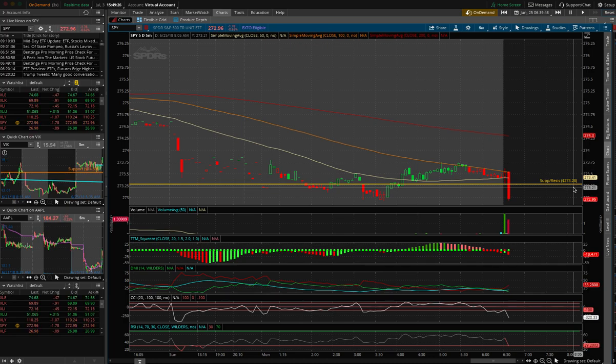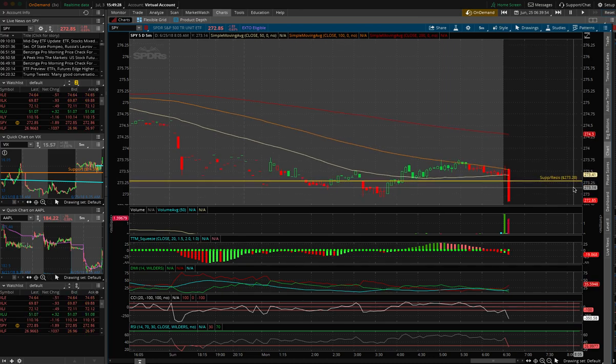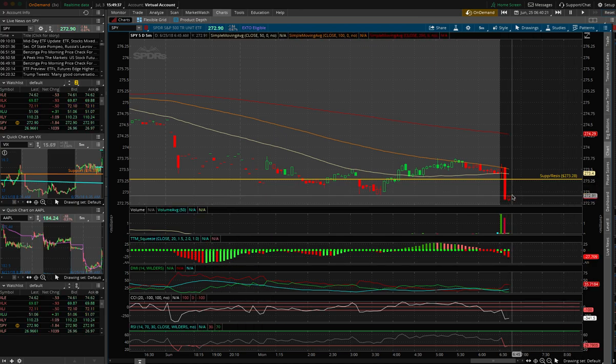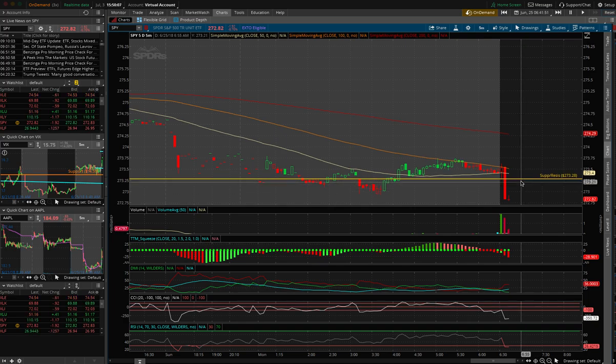Now, if this candle closes below, what we want to see is we want to see the price come back and test that level and see if that area is acting as resistance now, as it was support. Let's see if it comes back and tests that area to see if it's resistance now. And if it is resistance and fails, that's when you go to the put side and you get your puts.